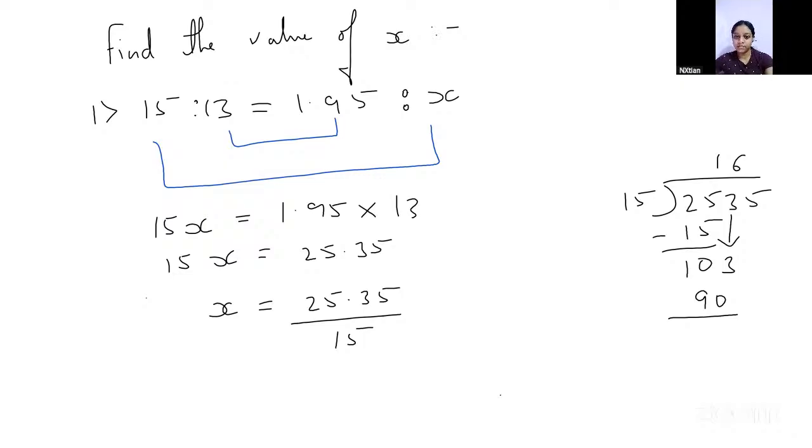Subtract it. 155. Now we have to do a bigger number. 15 times 7, if we do, 105, you get it. And 15 times 8, if we do.